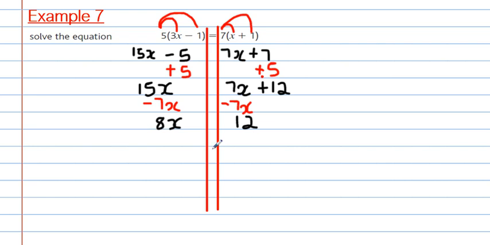And then I tidy. I'll divide by 8. Then I tidy. 8 divided by 8 is 1, so we have 1x, so x. 12 divided by 8, so you can write your answer as a mixed number.